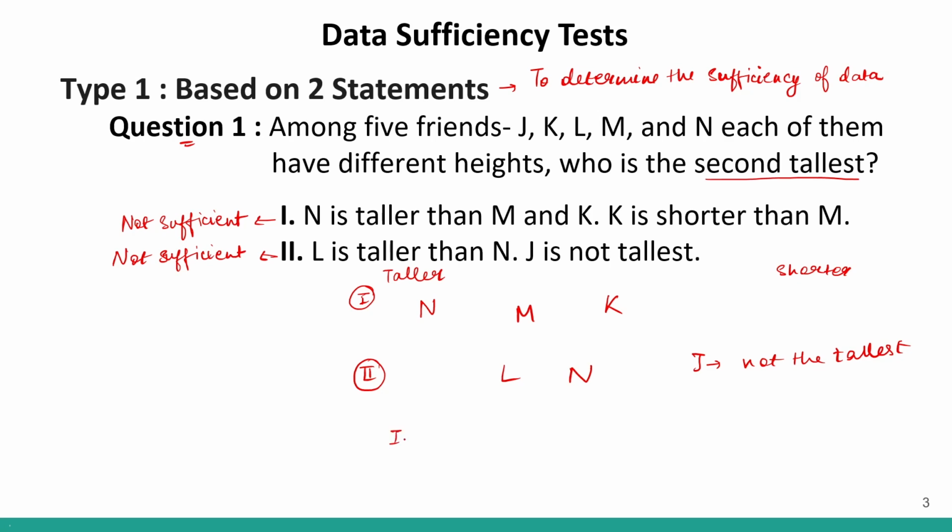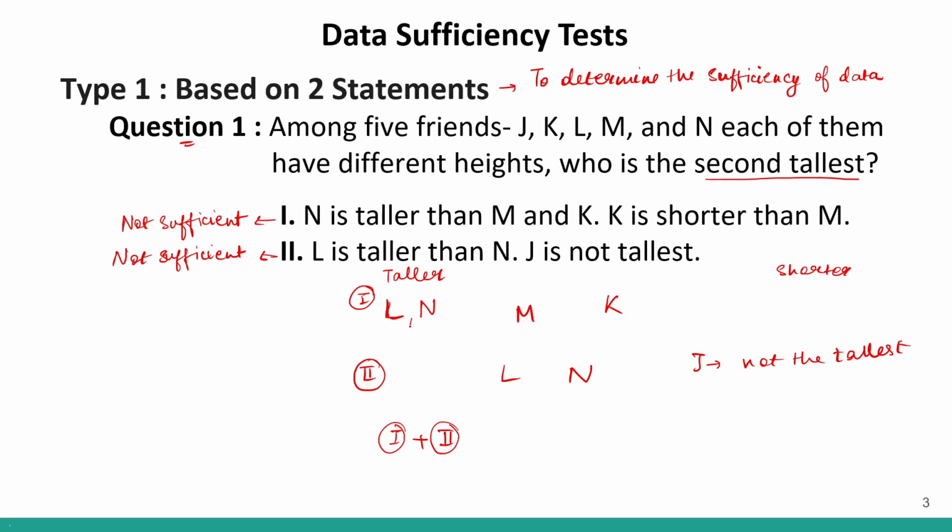Now let me combine the first statement with the second statement. If I combine the second statement with the first, I get the additional position of L, because L is taller than N. Now we know that J is not the tallest.